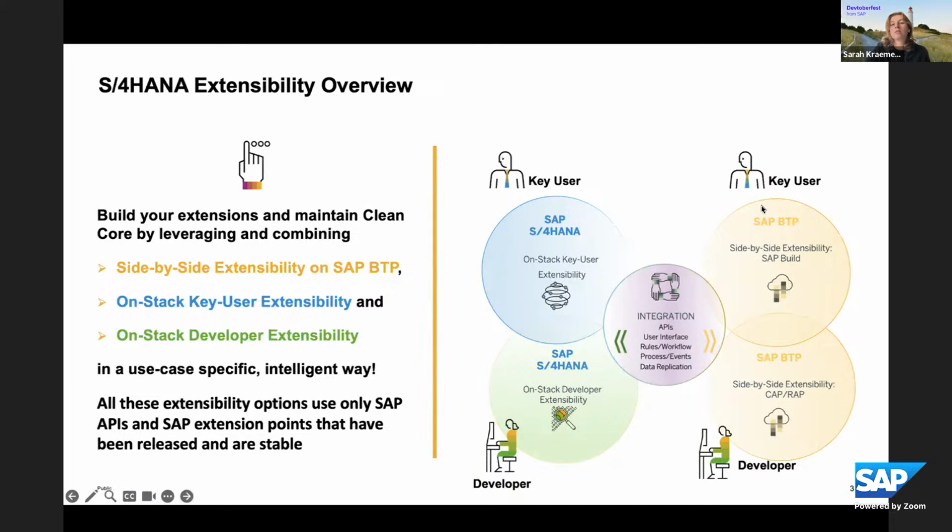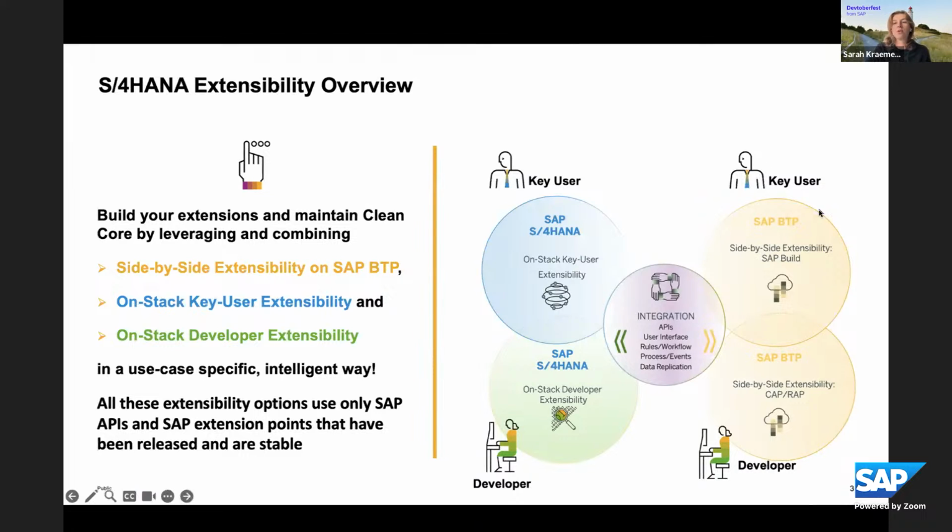And also here, there are different ways to do that. You can use SAP Build, which enables business users to create extension applications. And in case you want to dig deeper or do more individualized use cases, you can use CAP or RAP for your developers to create extensions.